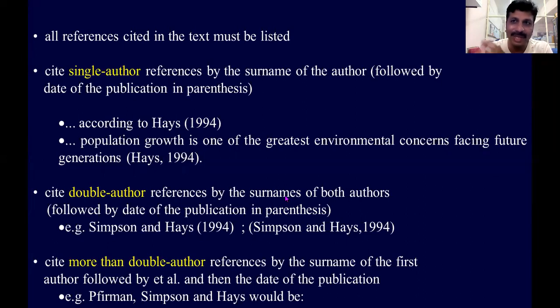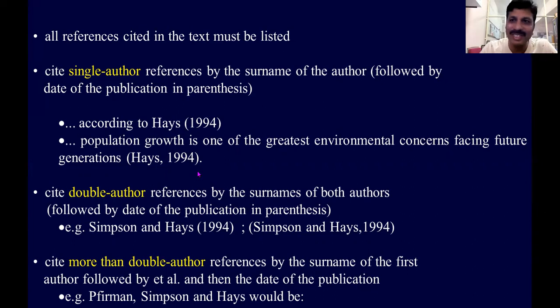When you read research papers or previously published pieces, you will understand the ways in which you can write the references. For example, according to ACE (1994), we put the year in brackets. But the same thing, when you are quoting a reference for a particular sentence, for example, population growth is one of the greatest environmental concerns facing future generations, that has been said by ACE.